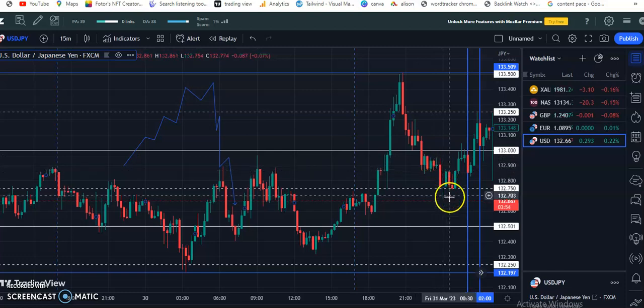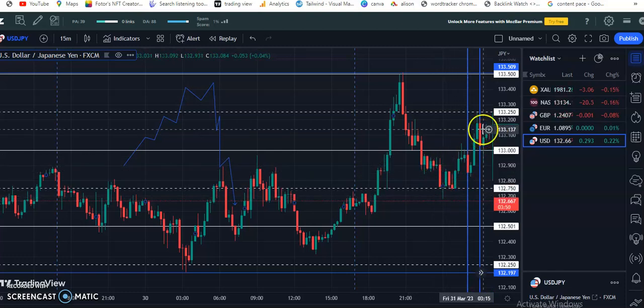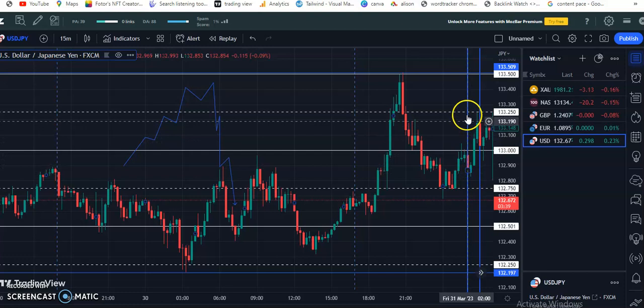So, of course, this is a retest to the peak formation high. The market moves in one push, two push, three push to the high. And then we have this structure here at 345.